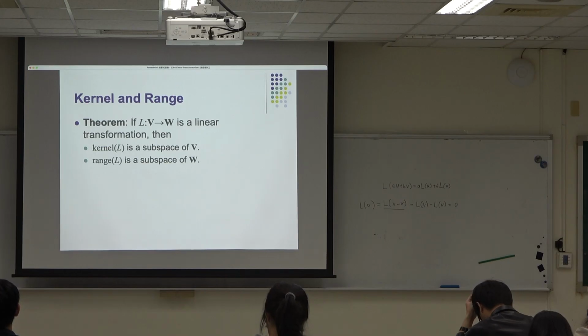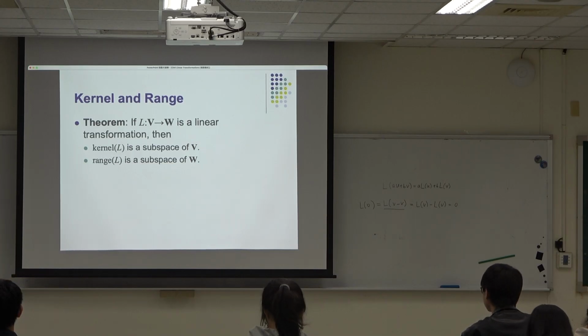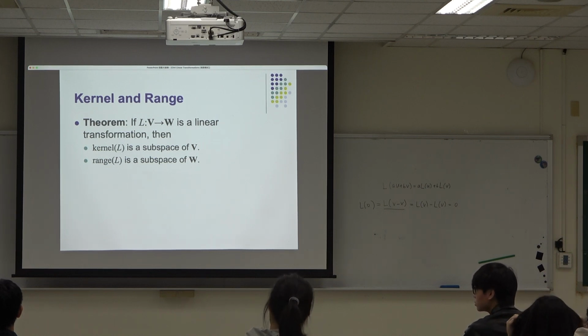If we have a linear transformation L from V to W, then the kernel of L is a subspace of V, and the range of L is a subspace of W. We can prove that. How many of you still remember how to prove a subspace?